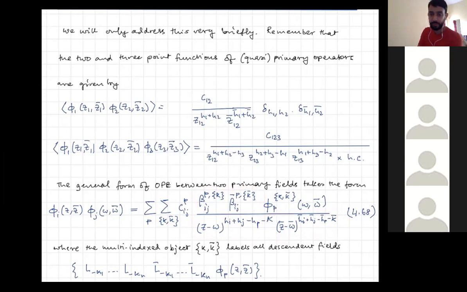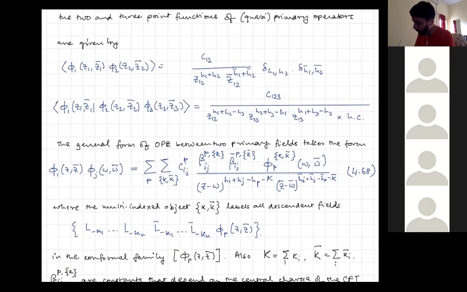And so the only things that will be left unfixed are these numbers, or you can call these structure constants C_ij^p.